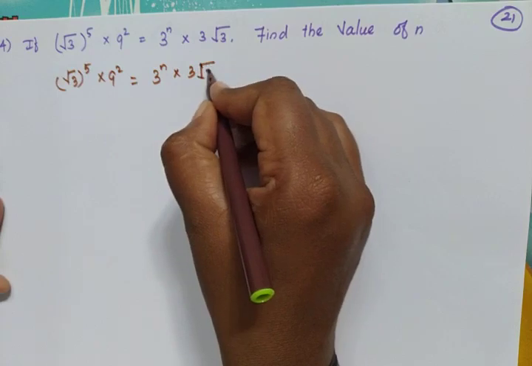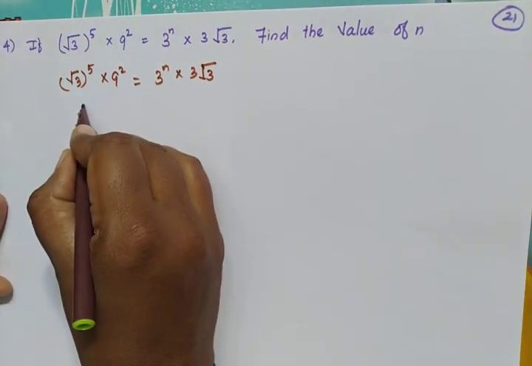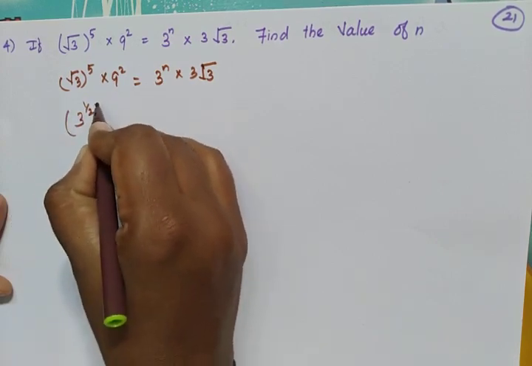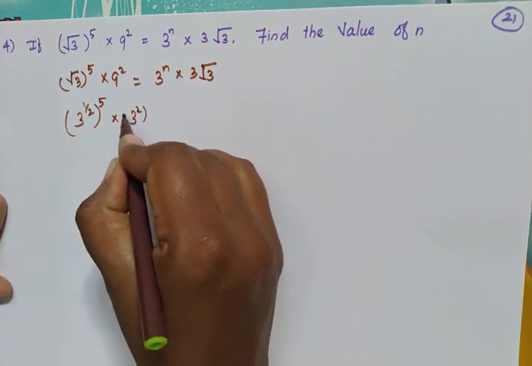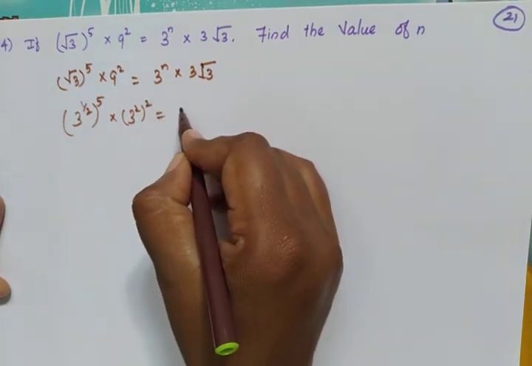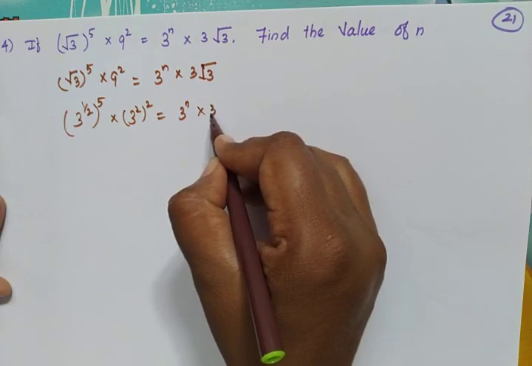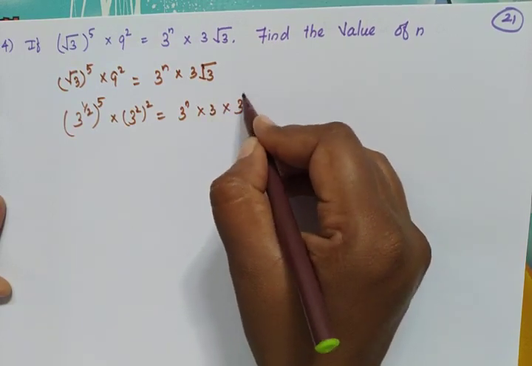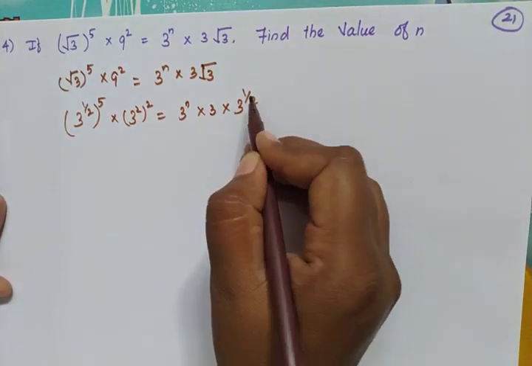Therefore we can write this as 3 power 1 by 2, the whole power 5, into 9 square, making it a common base so that we can solve easily. 3 power n into 3 into 3 power 1 by 2, because this is a coefficient. So 3 into 3 power 1 by 2.